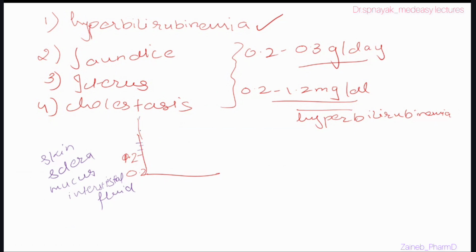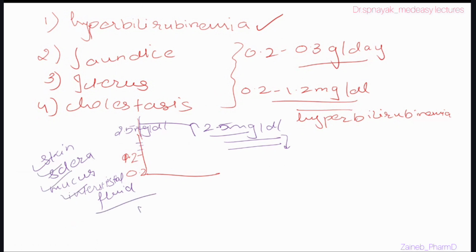When it rises beyond 2.5 mg per dl, the bilirubin is present in a significant amount to produce the yellow discoloration. So if it rises to 2.5 mg per dl or beyond, it produces the yellow discoloration of the skin, sclera, mucous membrane, and the interstitial fluid.